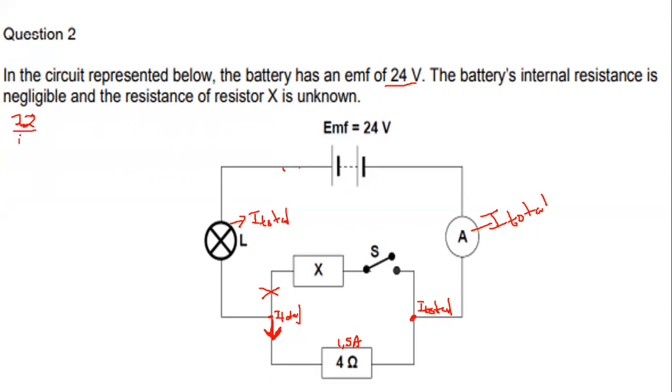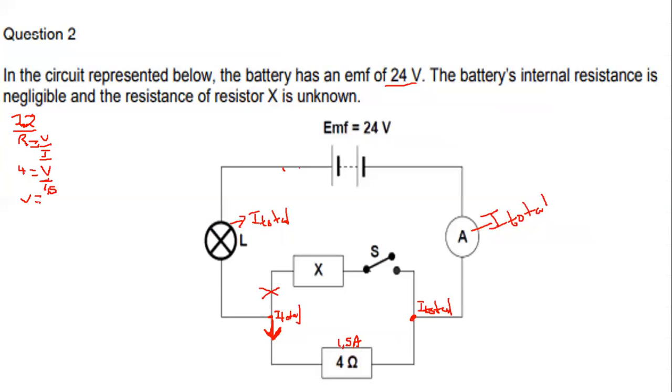For question 2.2, I will say R is equal to V divided by I. The resistance there is 4 ohms. The voltage is what I'm looking for. And the current is 1,5.